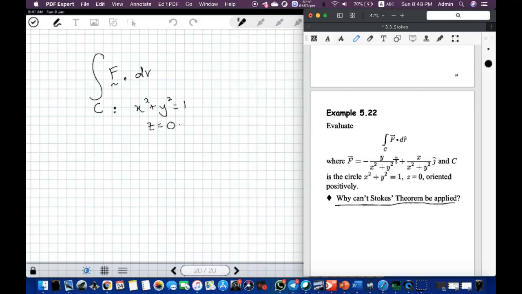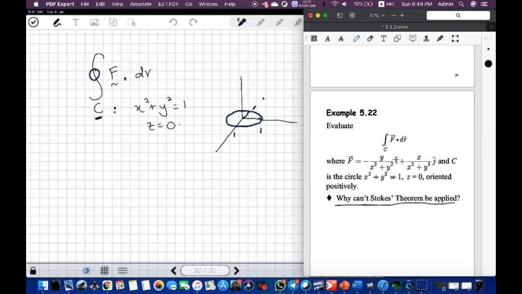If we sketch this, we have a curve in space where the circle is lying on the floor, where z equal to 0, a circle with radius 1. So this is a closed curve.